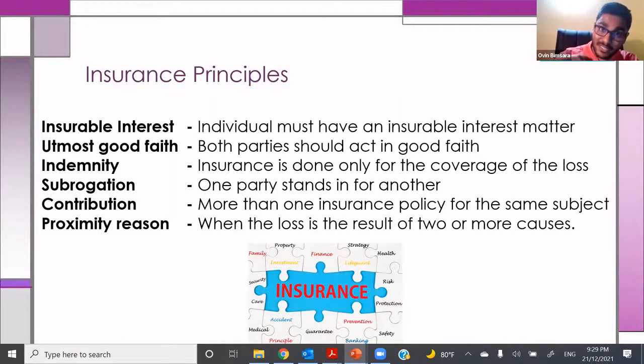That means by having something, you need to have a benefit. By not having something, you need to have a loss. You call it an insurable interest. When you import something, let's say that you are a car importer located in Sri Lanka, by receiving the cars, you can sell them to the final customer and make a margin out of it.